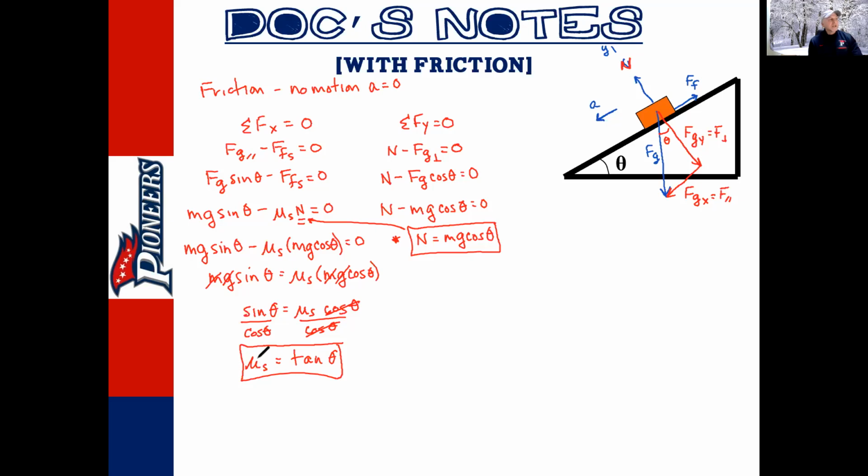Usually this is less than 1, although tangent can be greater than 1. We would take the inverse, and that would tell us the angle of inclination that would make this block start to slide, because at that point this force would be greater than this force. So it's a cool little result.